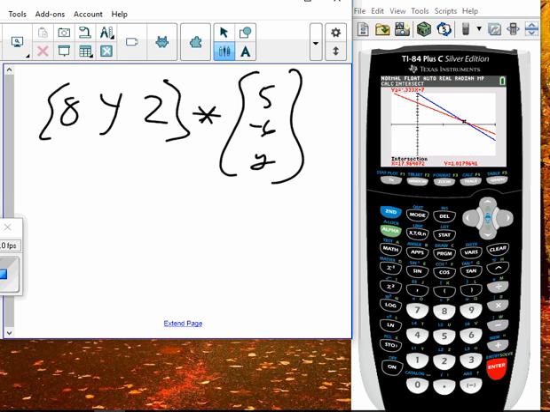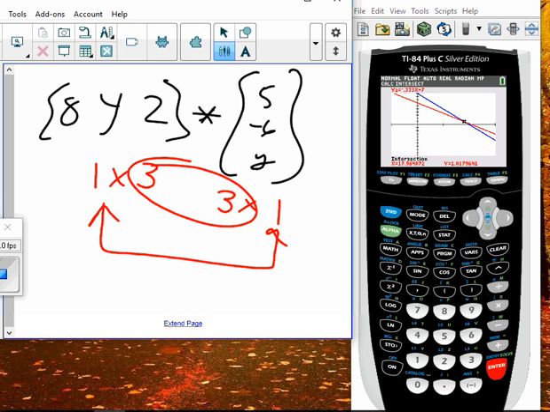Oh, so it just wants you to write what the answer is. All right. So first of all, I'm glad you said that it's a 1 by 3 and a 3 by 1. So let's write those out again. This has got how many rows? 1. By how many columns? 3. This one's got how many rows? 3. How many columns? 1. If these match, your answer is a 1 by 1 matrix.